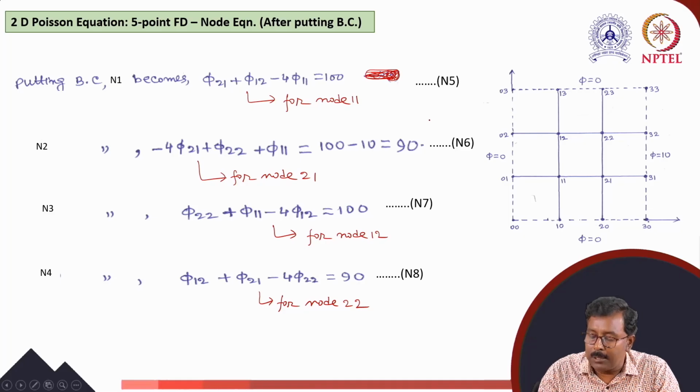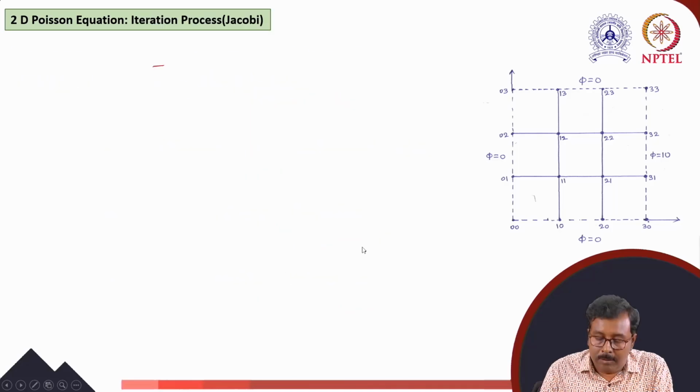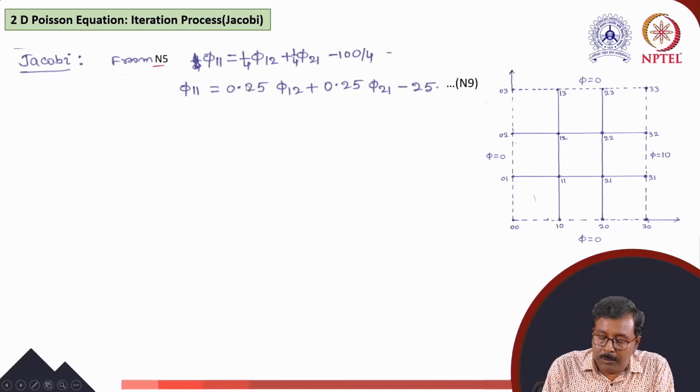This set of equations will start the iteration method. For the first equation, that we obtained from equation number n5, let us find the phi 1 1 value, because this equation was for phi 1 1 as I mentioned.